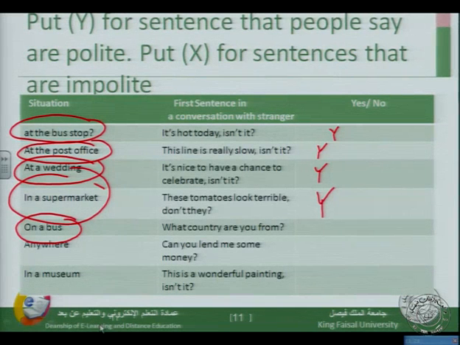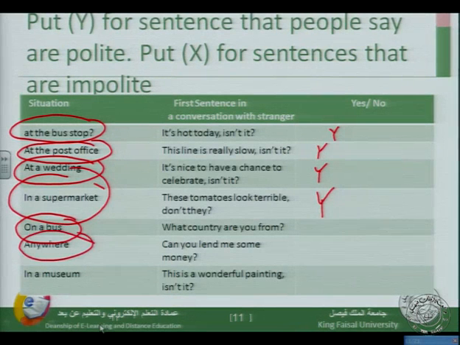So you have no problem from now on to speak to someone on the bus. If you go to the United States or UK, you can start a short conversation with them. You just say, what country are you from? Or he may ask you, and you will say, I come from Saudi Arabia. So this is a kind of small talk.